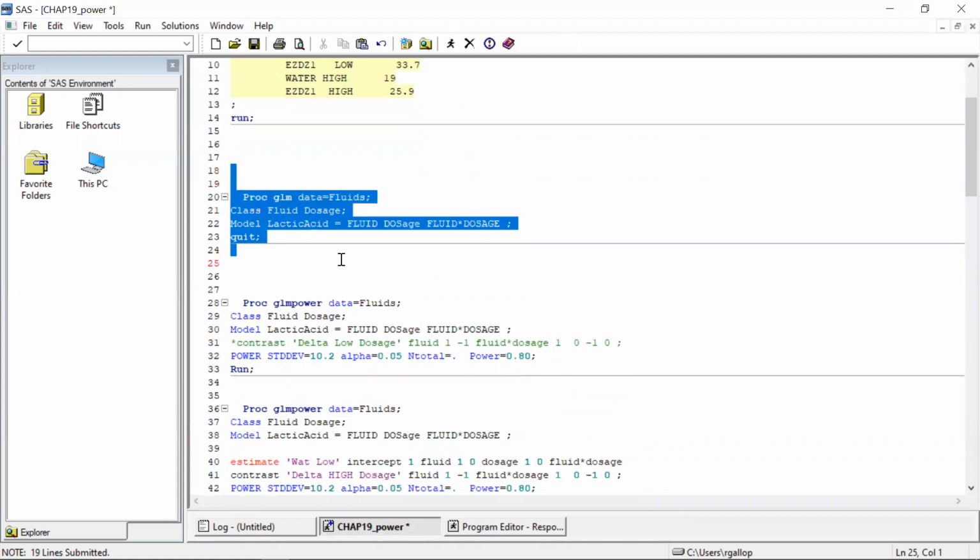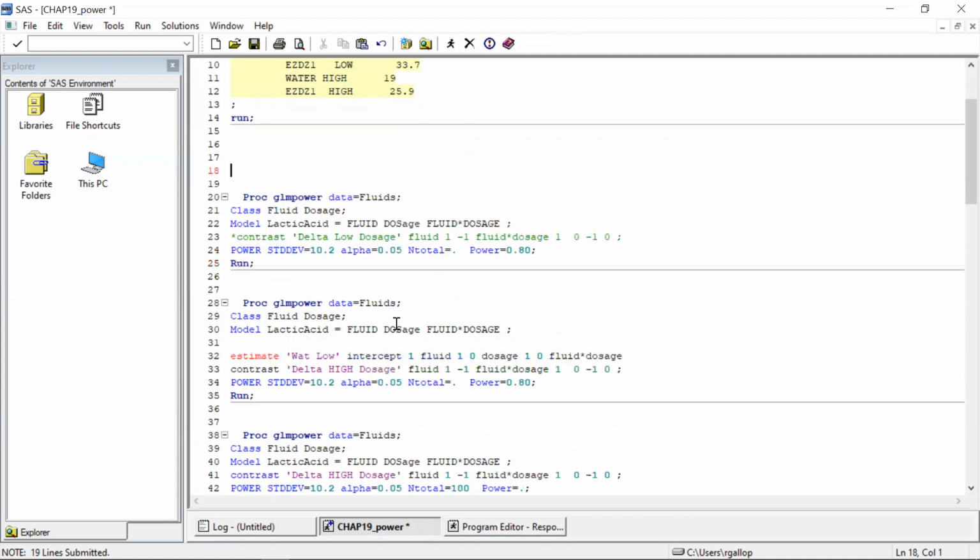Therefore, when we look at what I was just writing with the estimate statement, this is the water level, easy, high, that guy right there. So in this case, easy high, easy low, water high, water low.